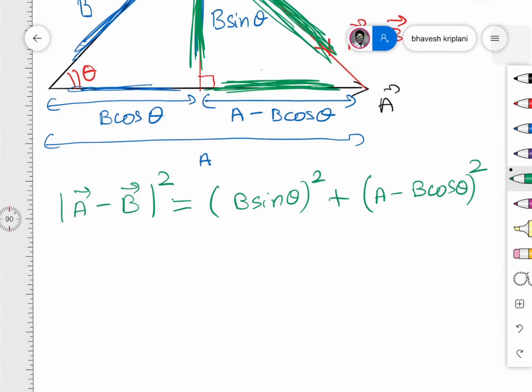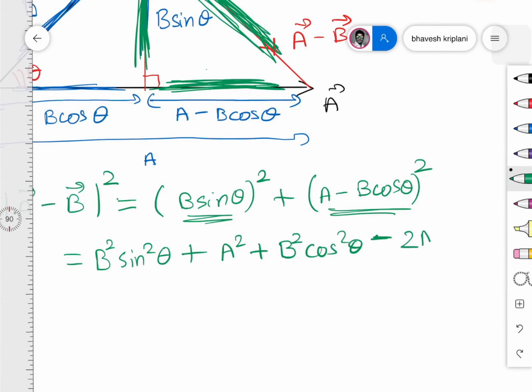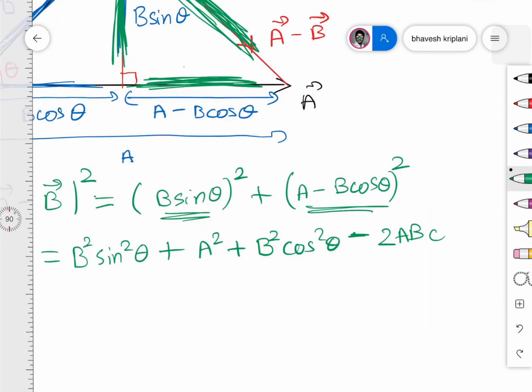Then solving this, we square this, b square sin square theta plus, we open this bracket, a square plus b square cos square theta minus 2ab cos theta.